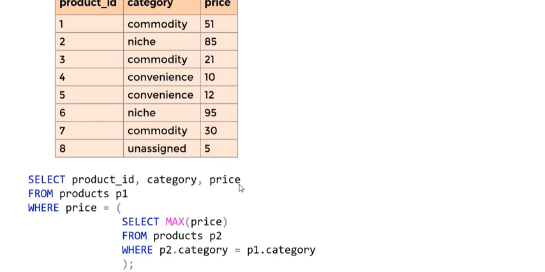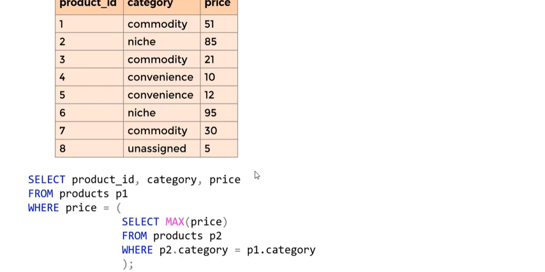So in this query we are using a correlated subquery to return the maximum price where the category is equal to the category in the outer query. Note that both the outer query and the subquery refer to different instances of the same table. You can use this phrase.